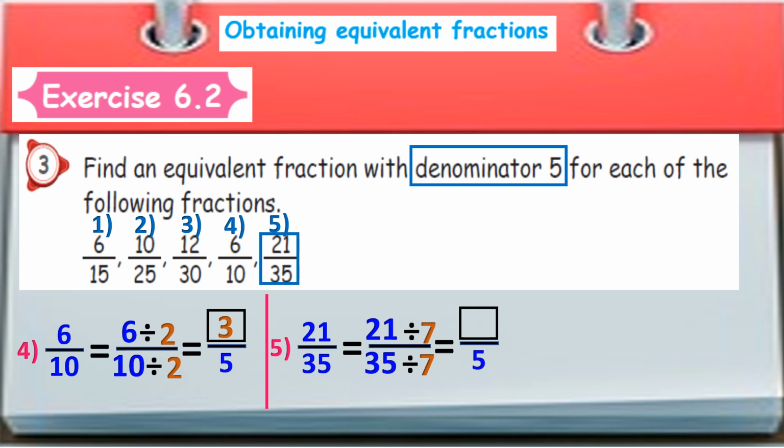So at the top also we have to divide it by 7 only. So in the 7 times table, how many times will be 21? 7 ones are 7, 7 twos are 14, 7 threes are only 21. So 3 is the answer here. See the same thing. The fourth and fifth sums get the same answer, 3 by 5 and 3 by 5.